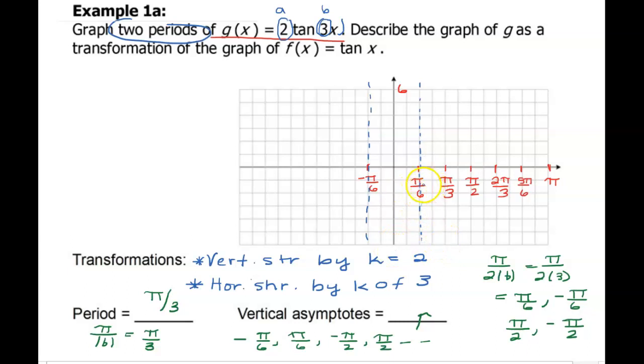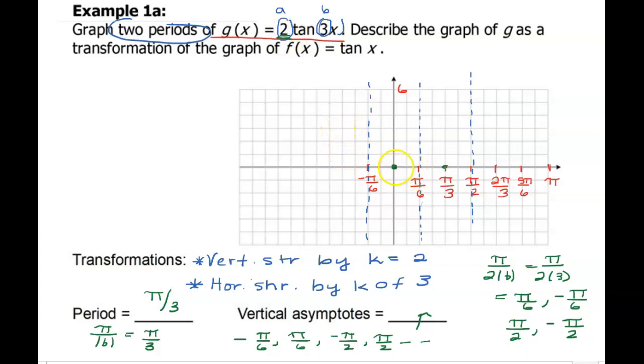Okay, well, that's 1 pi over 6. And then we have another one at pi over 2. I could do negative pi over 2, but I don't need to because in between those two lines would be my 2 periods. All right, so we know it crosses in the middle of those. So I'm going to put my dot there and my dot there. Now this is where the amplitude comes in. My amplitude is 2.